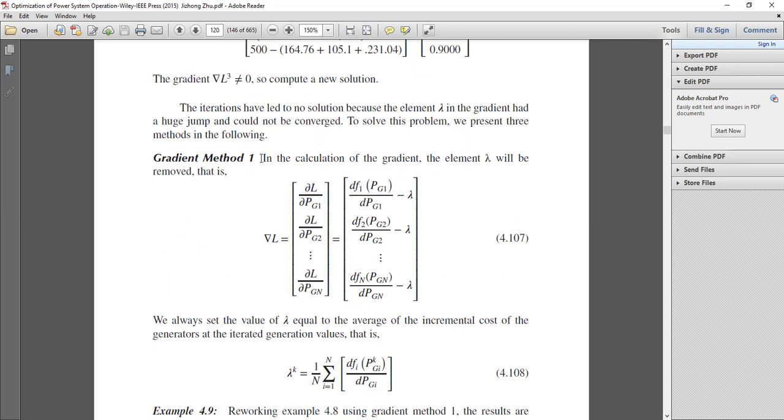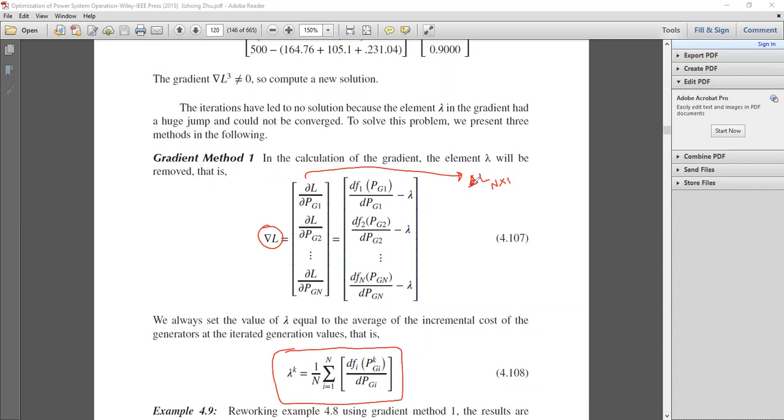In this method, they will actually take the lambda itself out of this gradient calculation. So the size of del L would now become n by 1. Clear?